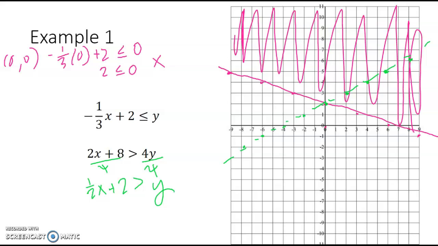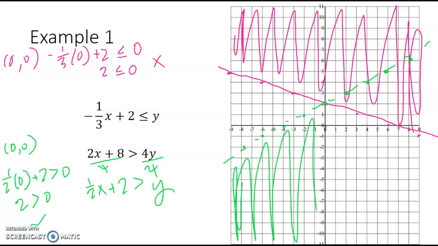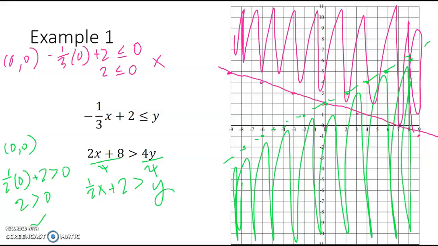We can choose a point to see if it makes it true. Again, I'm going to choose the ordered pair 0, 0 just because that's simple. So 1/2 times 0 plus 2 is greater than 0. I see that 2 is greater than 0. That satisfies. So everything below the green line makes that linear inequality true.